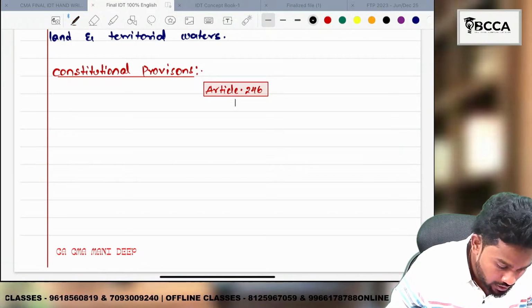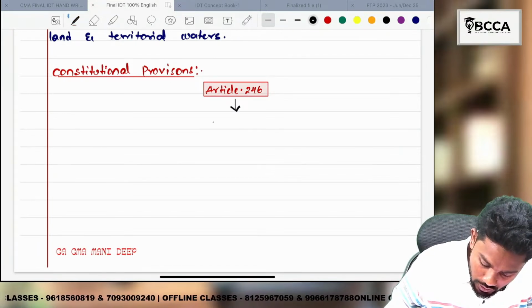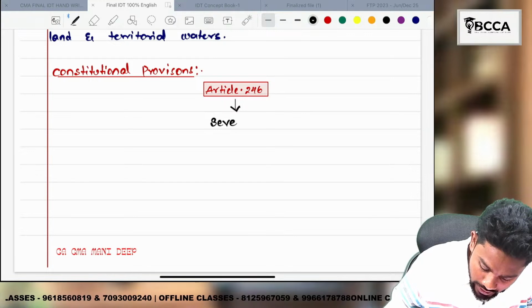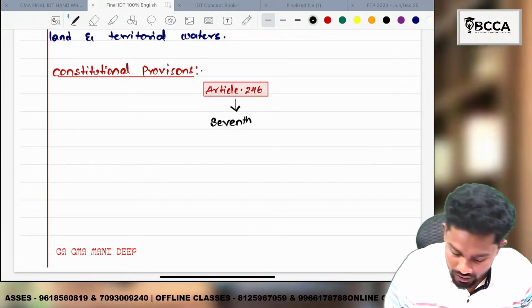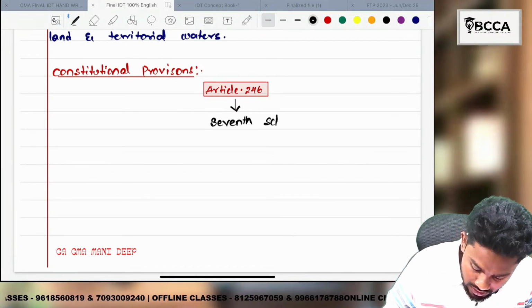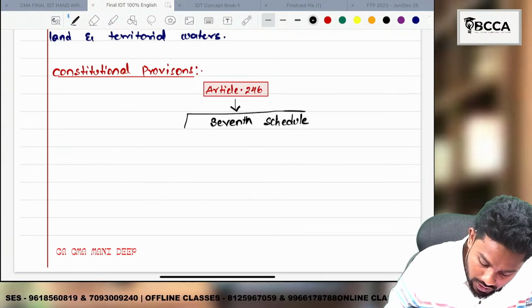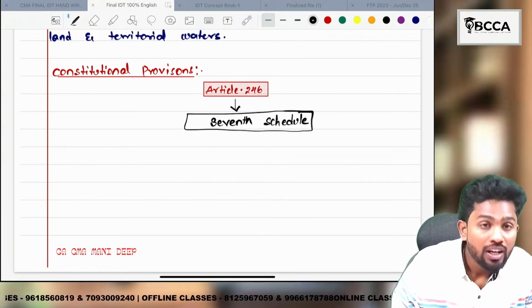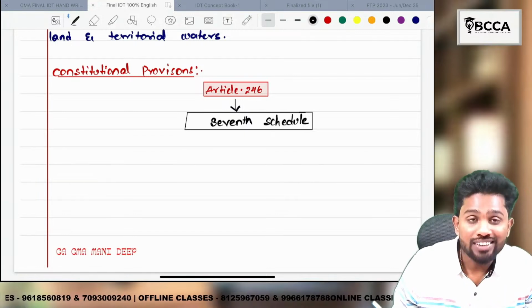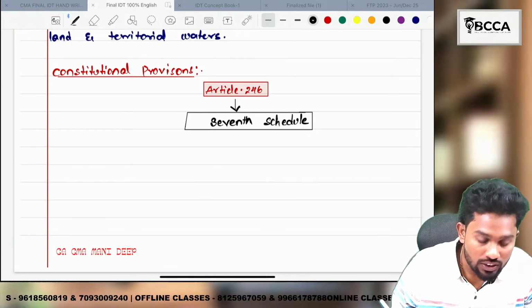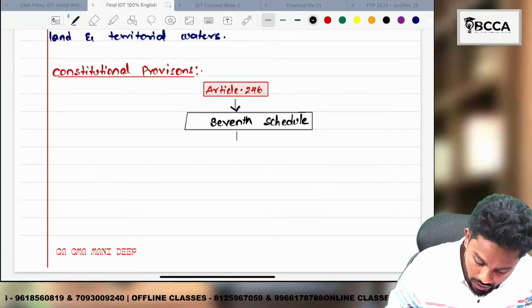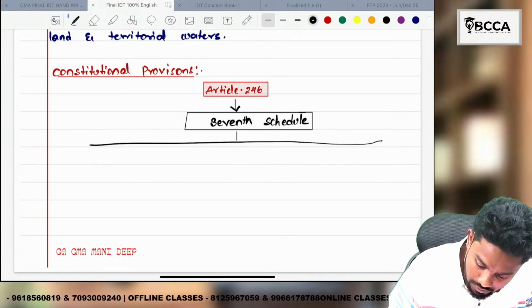Article 246 has a 7th schedule. This 7th schedule consists of 3 lists. What are those 3 lists?